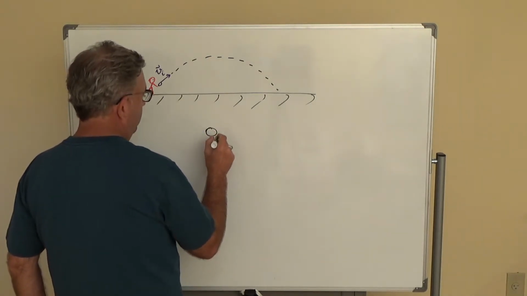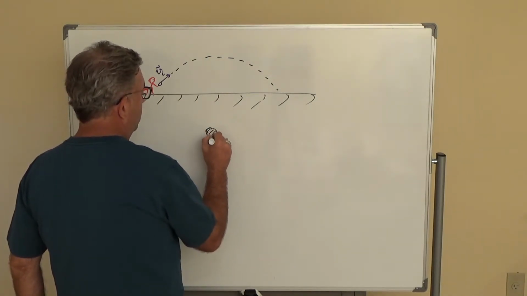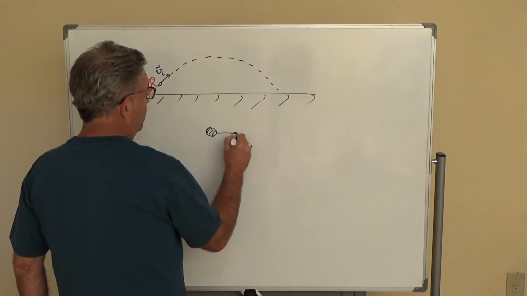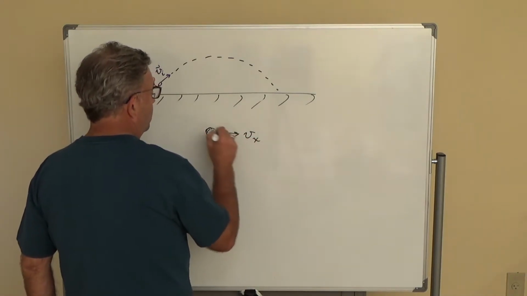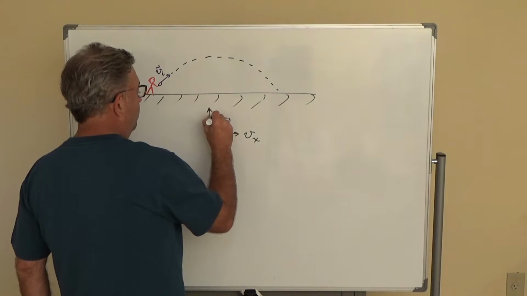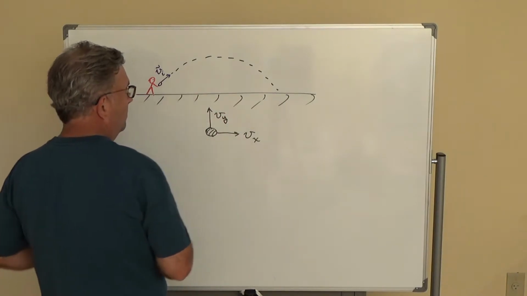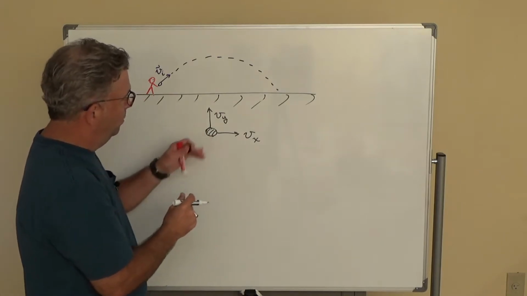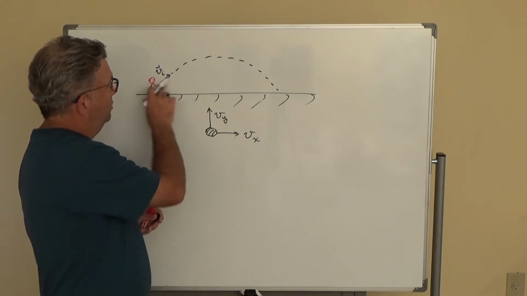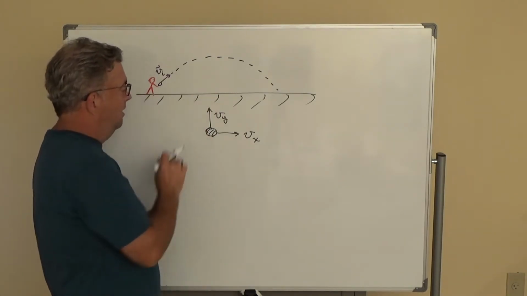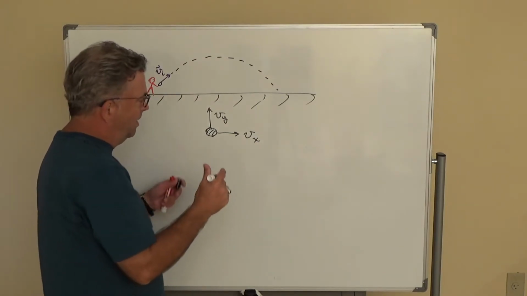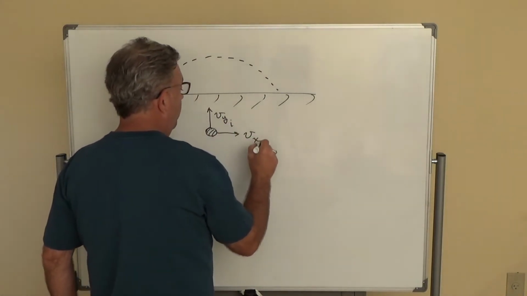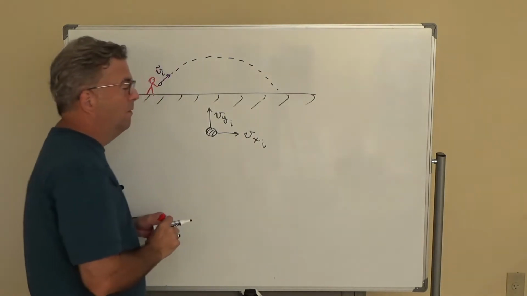Here's the object. We break it into Vx and Vy. There was some V initial in the x direction, and some V initial in the y direction. I'll make this Vy initial, Vx initial.